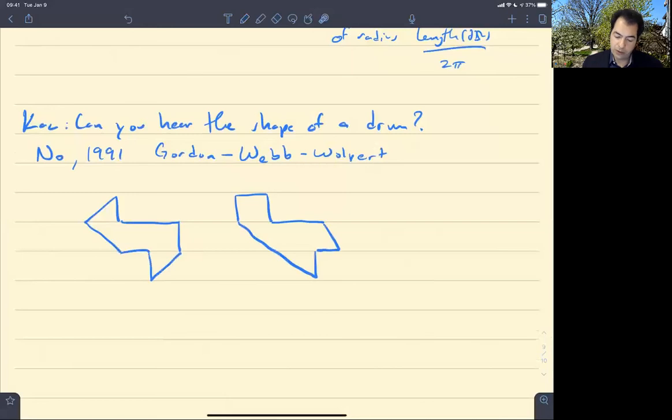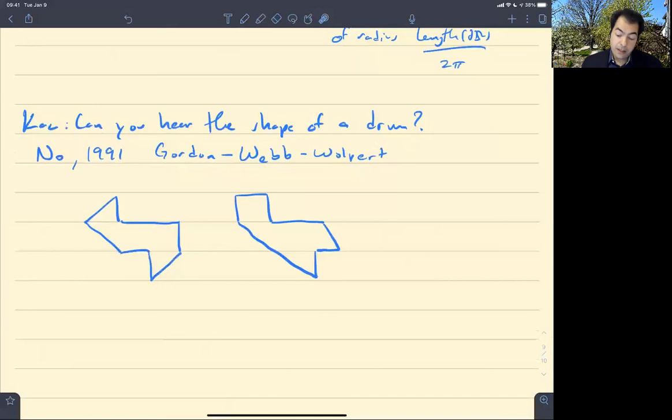These 2 domains are different, right? You cannot get from one to the other by doing trivial things like translation and rotation, reflection. And yet, it was shown by Gordon, Webb, and Wolpert that they have the same eigenvalues. They did not compute the eigenvalues, but they proved that these have the same eigenvalues.